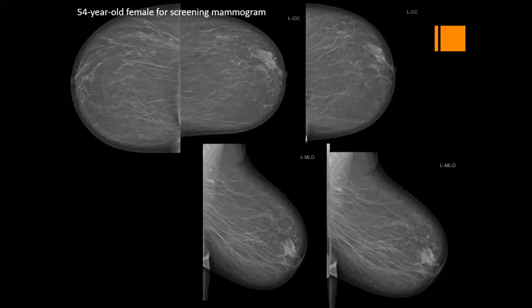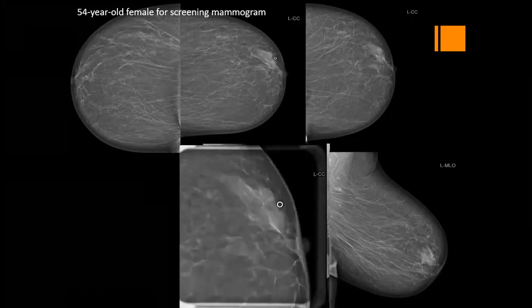Yes, stable. However, the skin thickening is a little bit more. You see, by measurement, it was more. And if you concentrate here on MLO, you might find subtle increase, and even here around the nipple there is some thickening. It was not very clearly seen here.